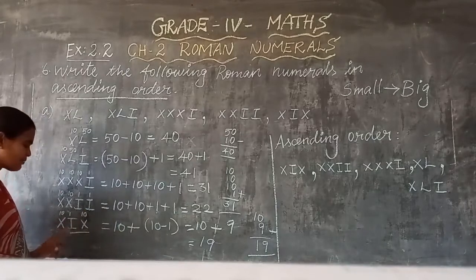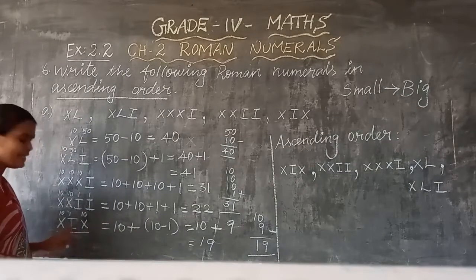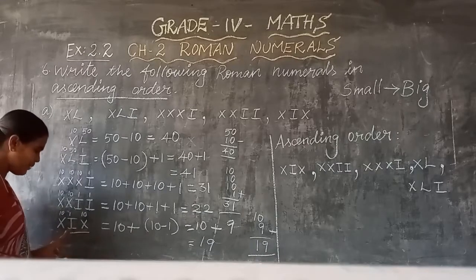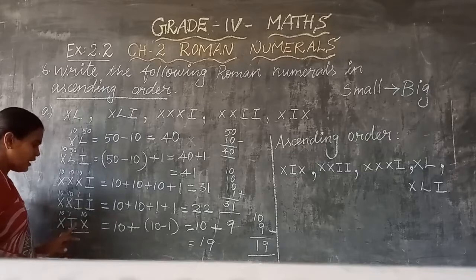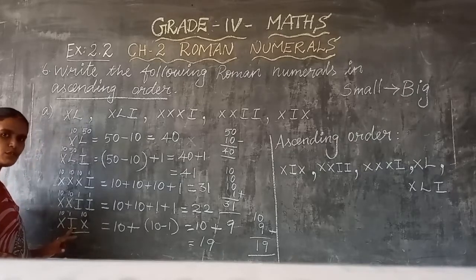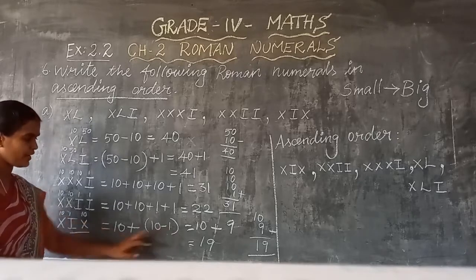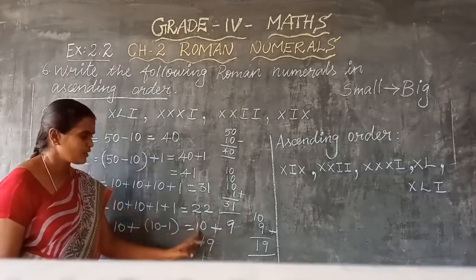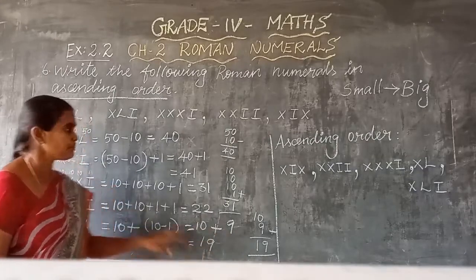Two greatest numbers, between them we have the small number means you take the small number and right side number. So X value 10 plus IX means here greatest number is 10. Left side we have the small number. So subtraction. So 10 minus 1. 10 plus 10 minus 1 means we get answer 9. So 10 plus 9, 19.